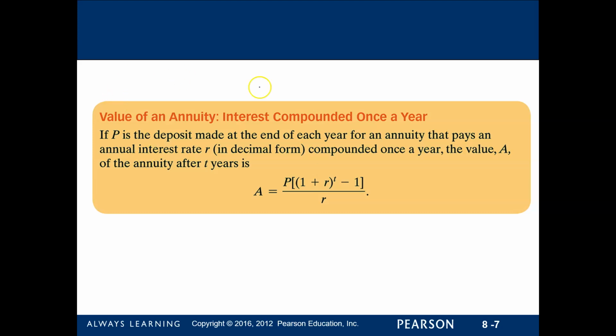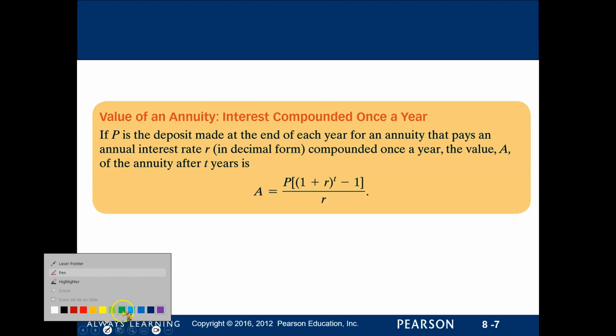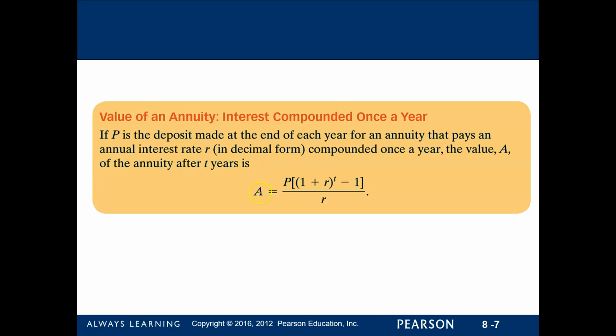So as you can see, our variables are pretty much the same from what we have had with compound interest. We have A as the future value. This time, this is the annuity. So A could be the future value, whether it's simple interest, compound interest, and also an annuity, or even on payments.